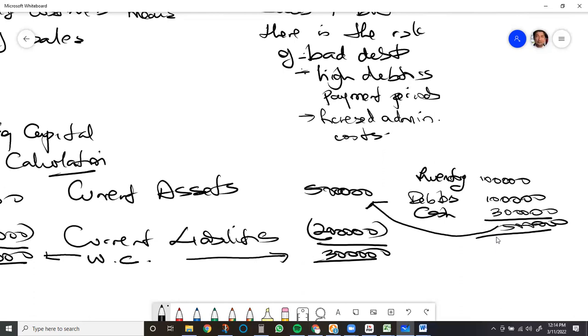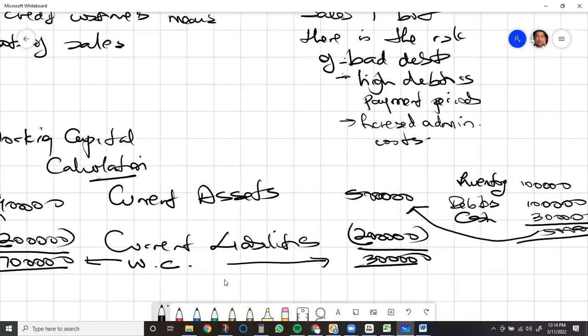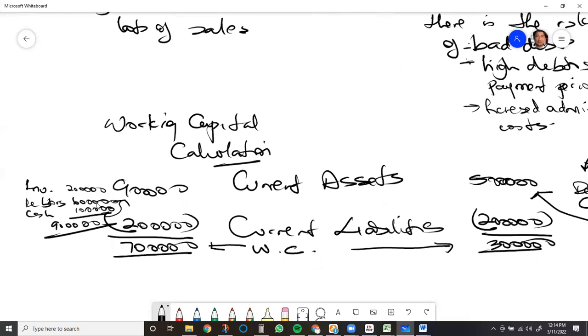The point is, having a high figure for debtors, whilst it will have the effect of increasing your working capital, is not necessarily a good thing, especially when there's an apparent imbalance between your debtors and your creditors.